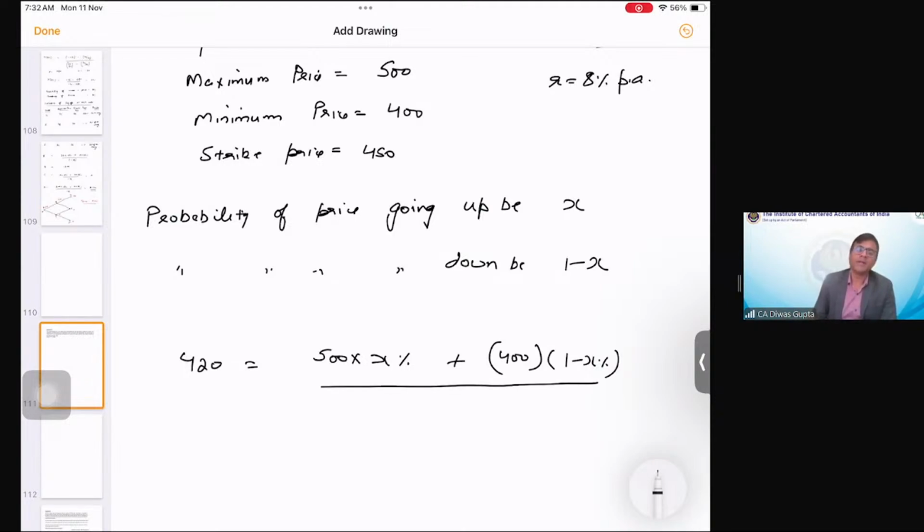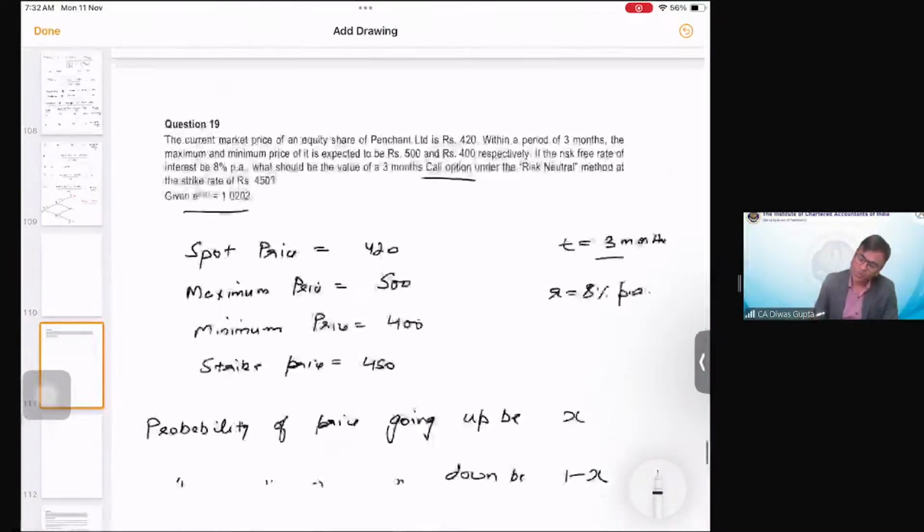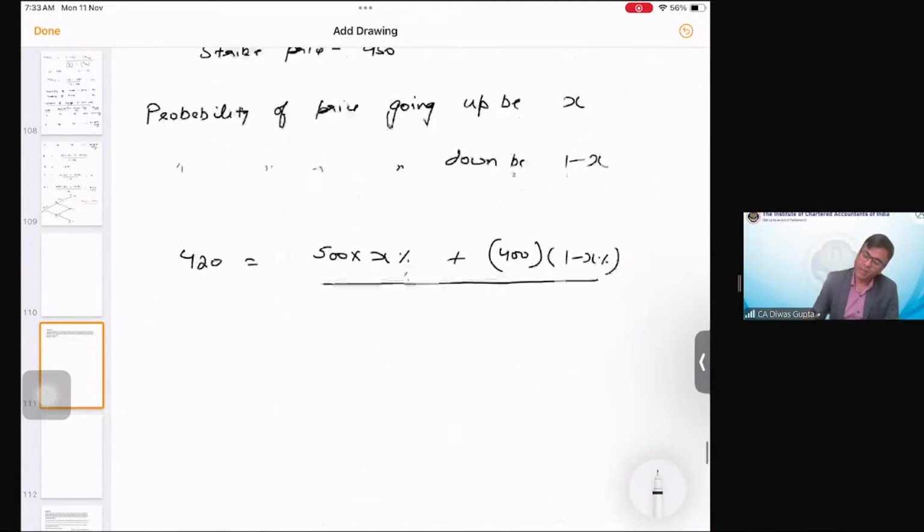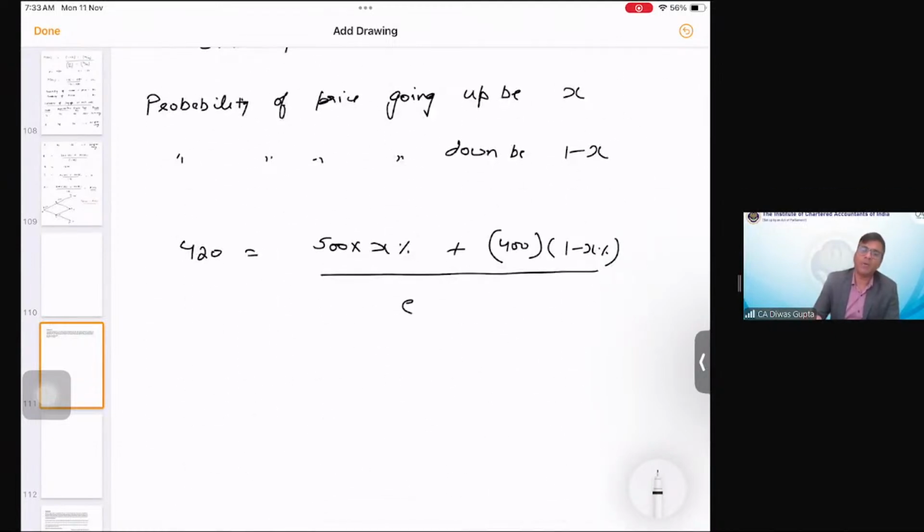divided by the present value factor. Now here also e raised to the power is given, which we will make use of. So that means it's a continuously compounded rate. So e raised to the power 0.08 is the per annum rate, for 3 months. That means 3 by 12.